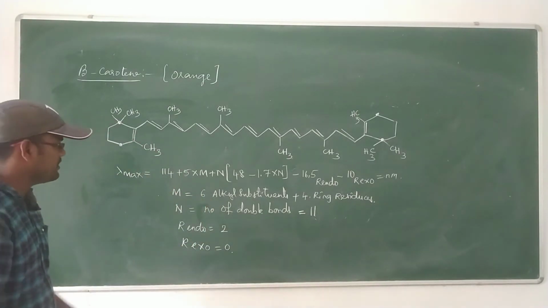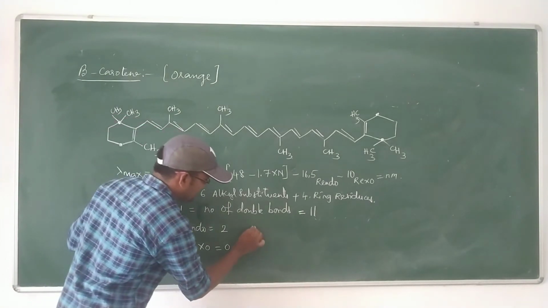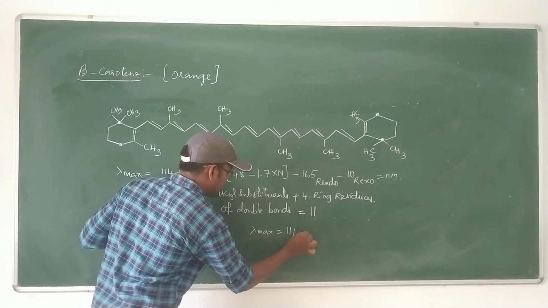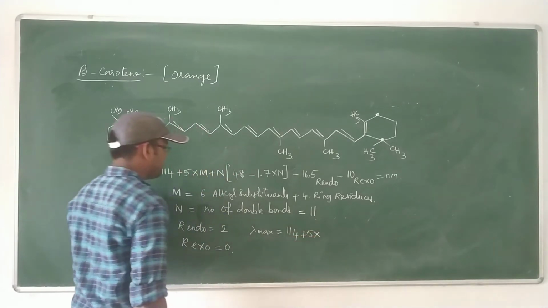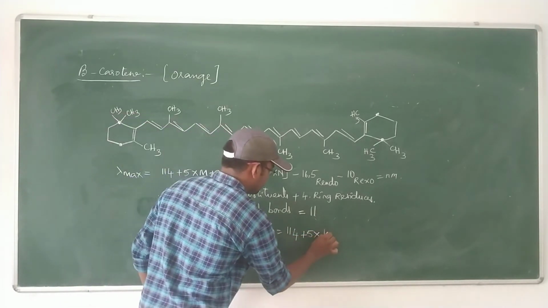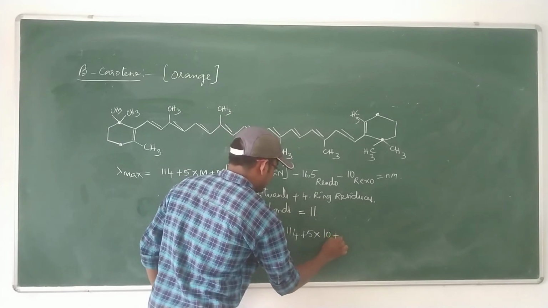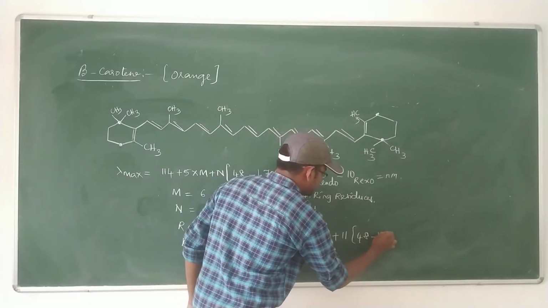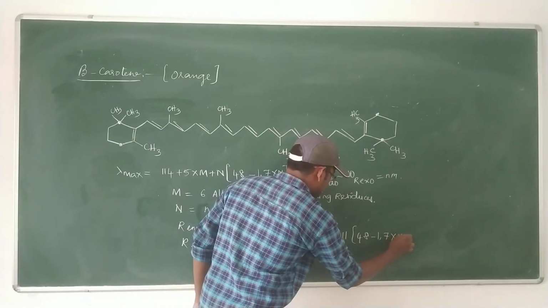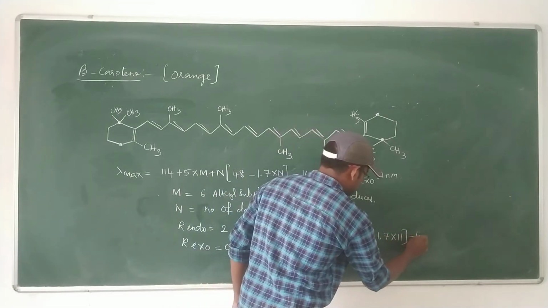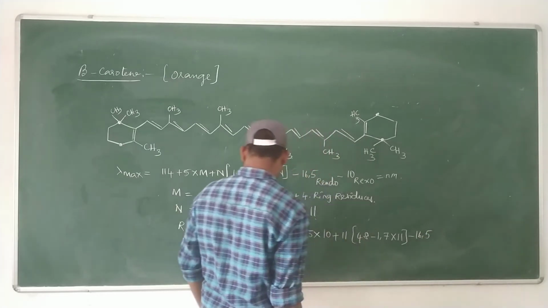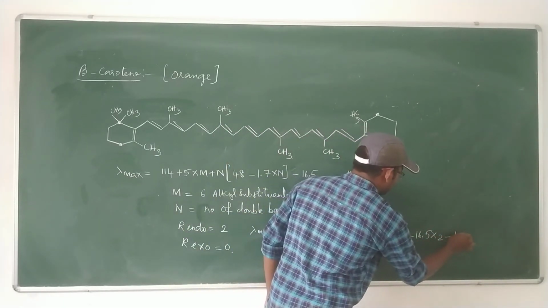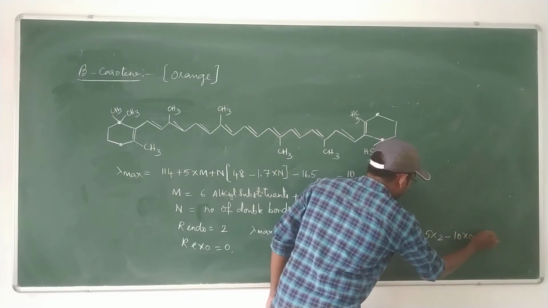Now let me substitute these values in the formula. Lambda max is equal to 114 plus 5 into m, m means 10, plus n is equal to 11, 48 minus 1.7 into n, means 11, minus 16.5 into R endo, means 2, minus 10 into 0, is equal to nanometers.